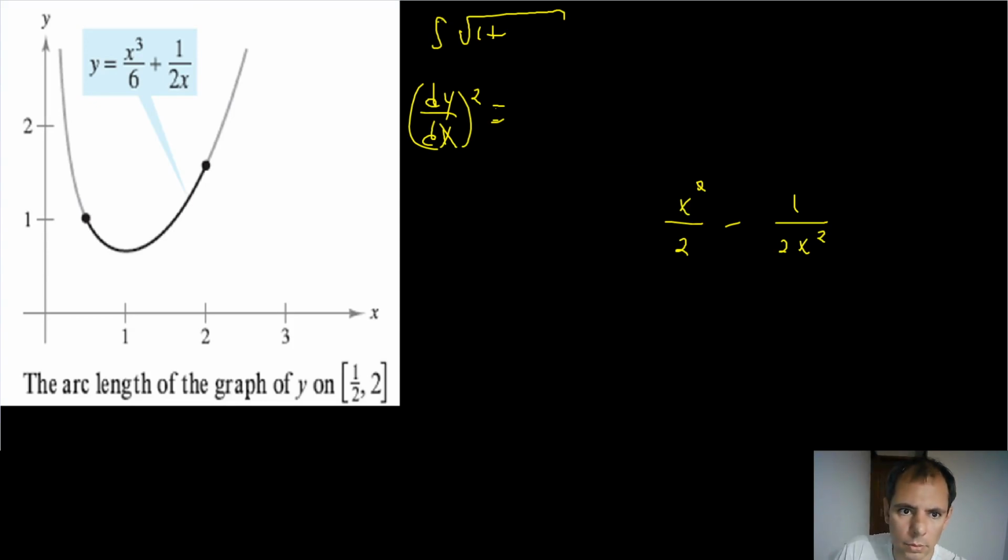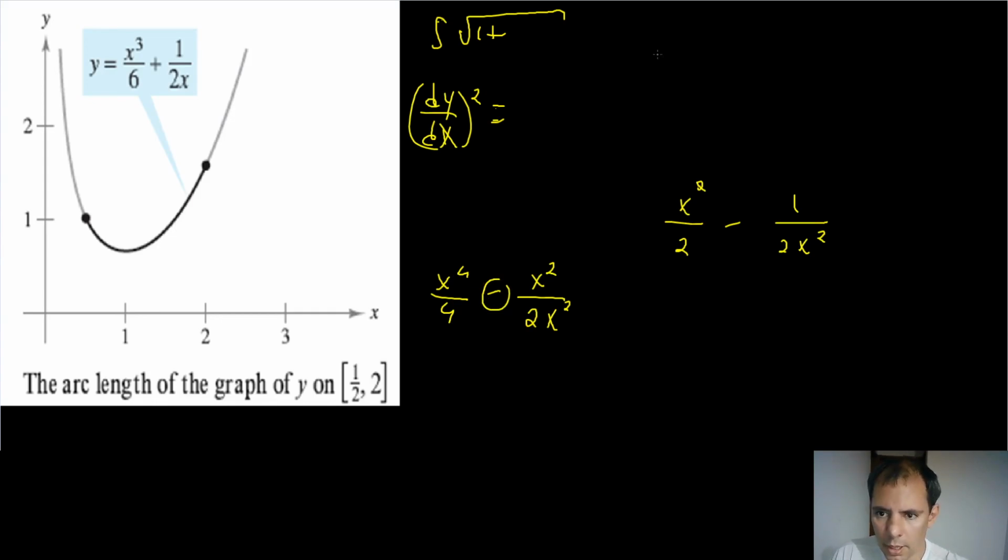So let's do that. It's going to be x to the 4th over 4 minus 2 times the first times the second, okay? So it's going to be x squared times 1 divided by 2x squared, because you see, guys, there's a minus.